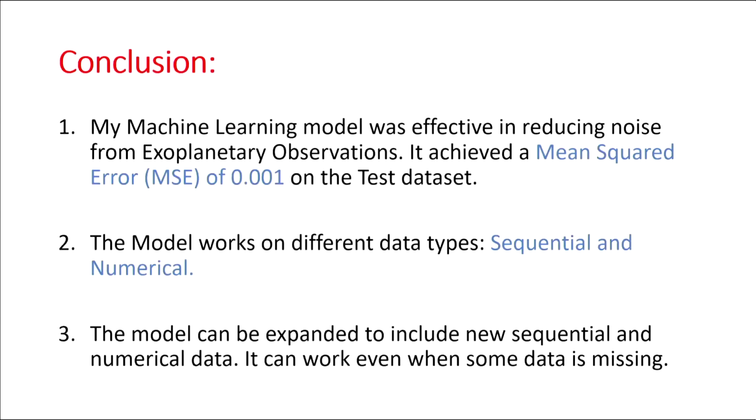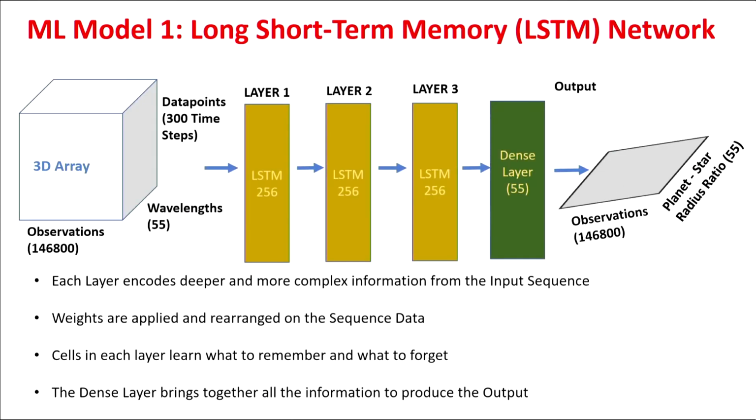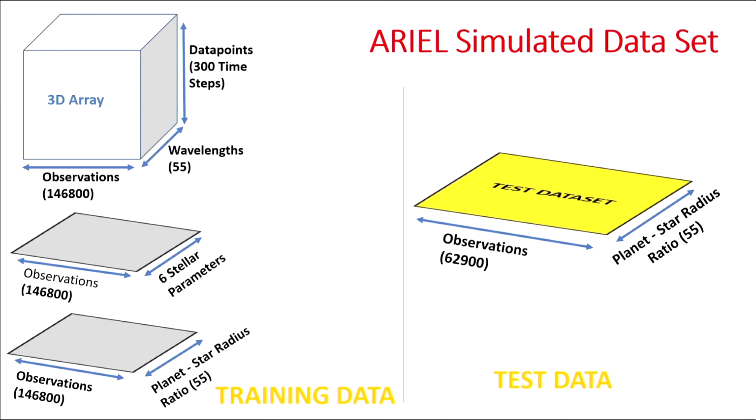The light curves, yes. So if I go back to the original data. Yes, so we have the two data sets. We have, as I said, both the light curve data set, with the light curves for each of the 55 wavelengths during the observation, as well as the star parameters. So we're using both of these data sets in the hybrid model to compute our final value.